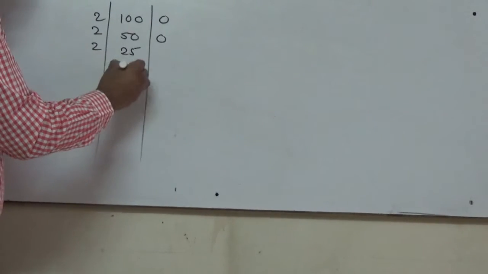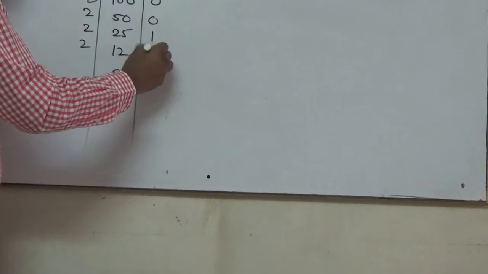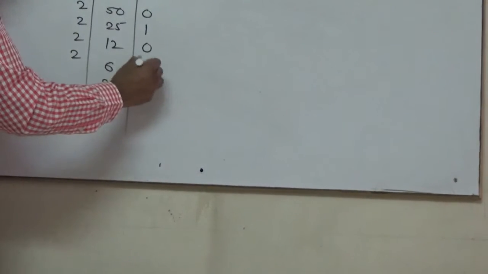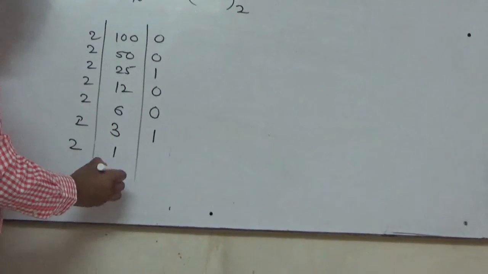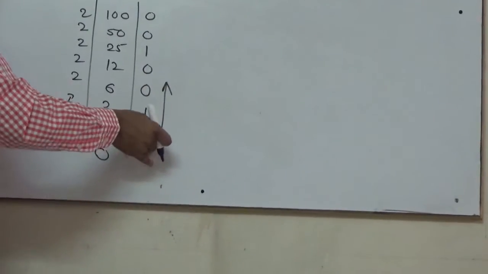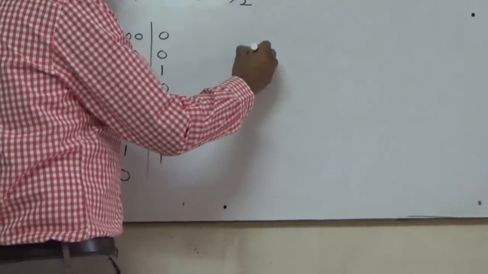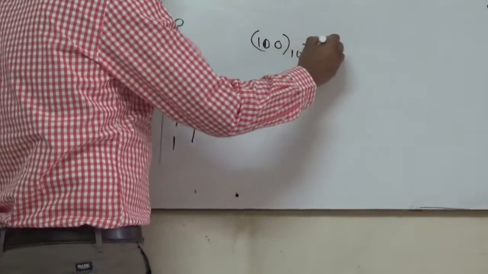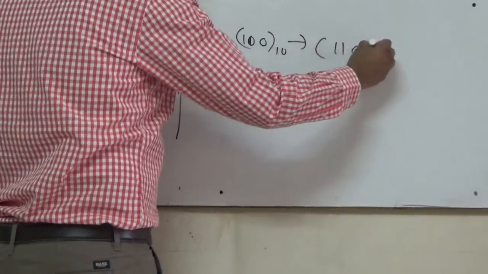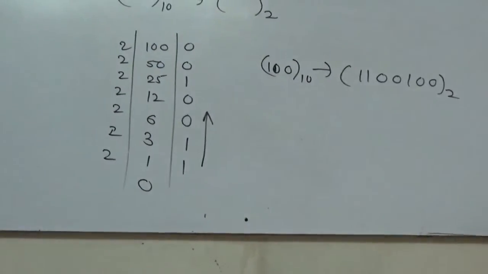Then 2 12s are 24, remainder is 1, then 2 6s are, remainder is 0, then 2 3s are, remainder is 1, then 2 1s are, remainder is 1, and then finally 2 0s are, remainder is 1. So write these remainders from bottom to top. If 100 is in decimal, its corresponding binary is 1100100. So I think you got how to convert from decimal to binary.